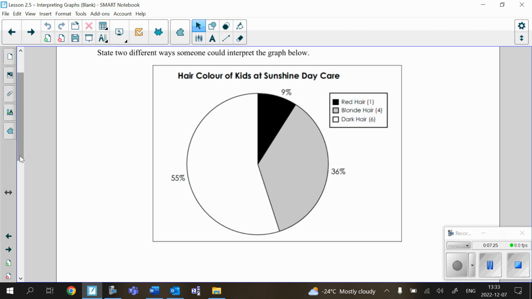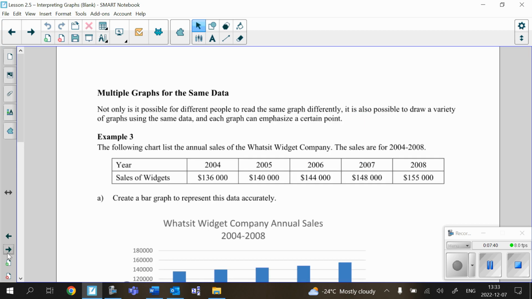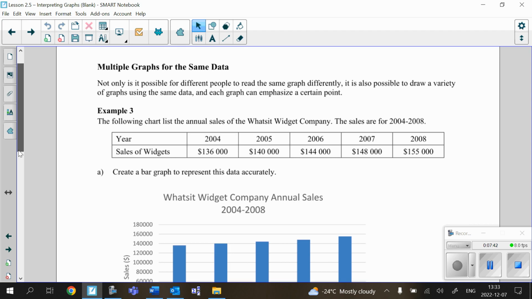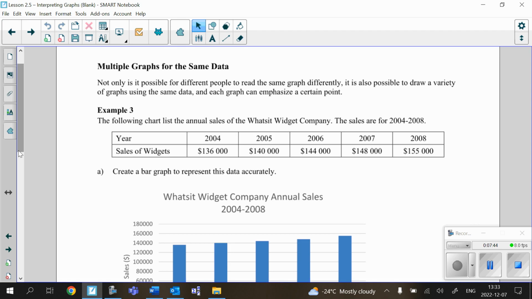So yeah, just a couple of things, how you want to interpret it. And finally, and we talked about this before, how can we manipulate data? We can use bar graphs, and we can use any type of graph to manipulate data.